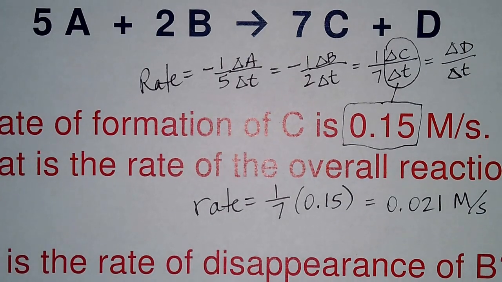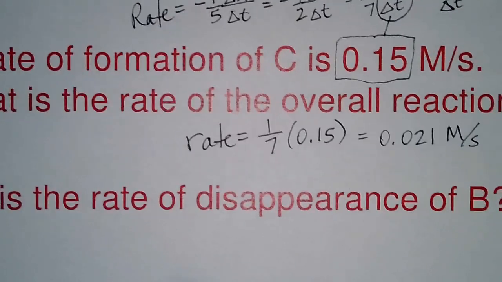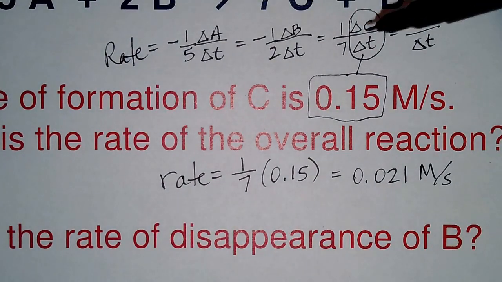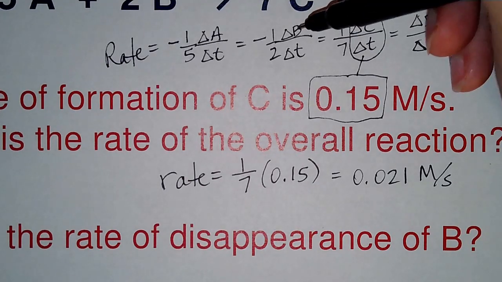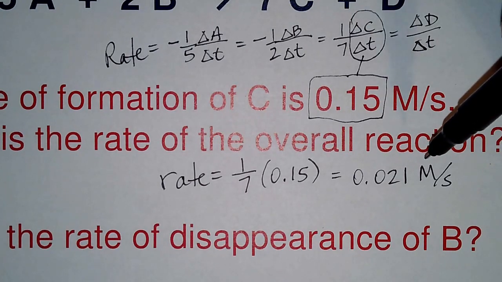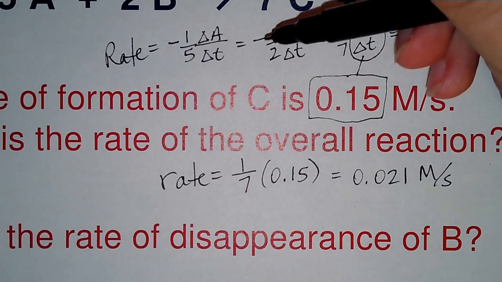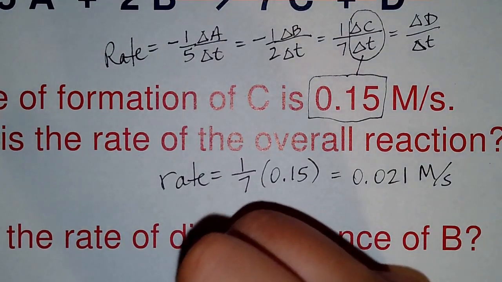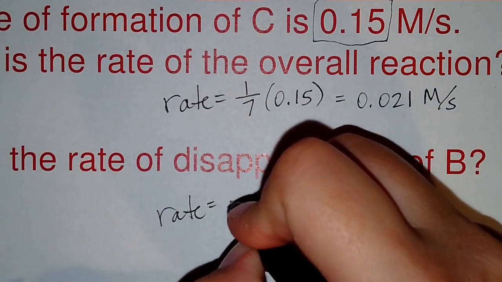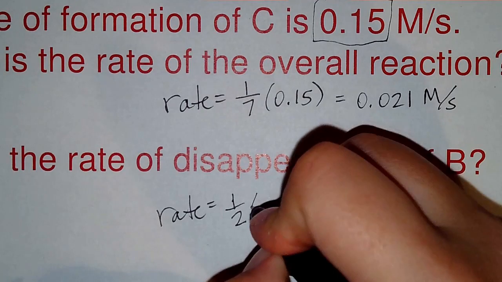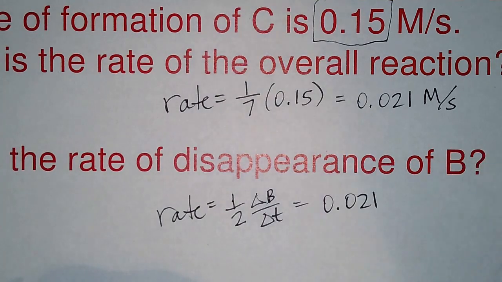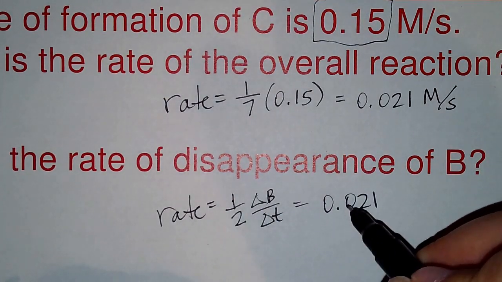So how can we compare this to the rate of disappearance of B? Well, again, we can go back to our relationships here. We can either compare C to B using these two relationships, or since we know the rate of the whole reaction, we can just compare that to B. Since our rate for the whole reaction is 1/2 change in B, and we know the rate is 0.021, we can multiply by 2.